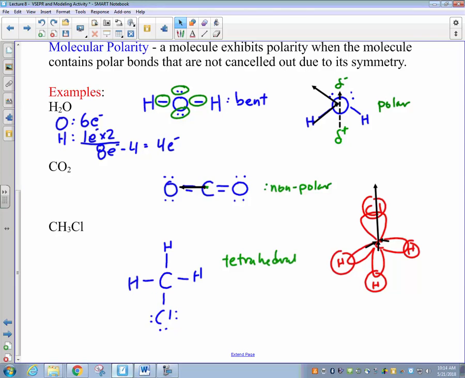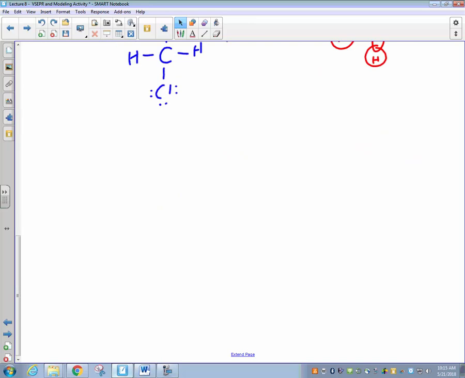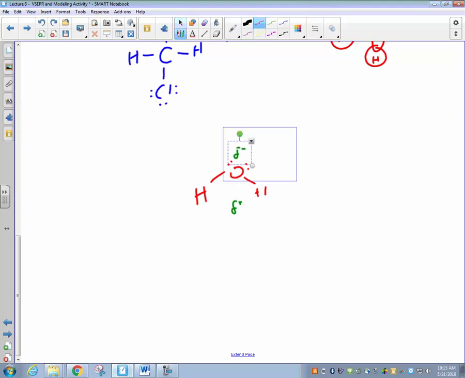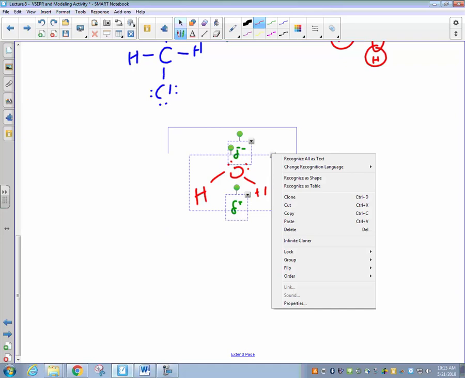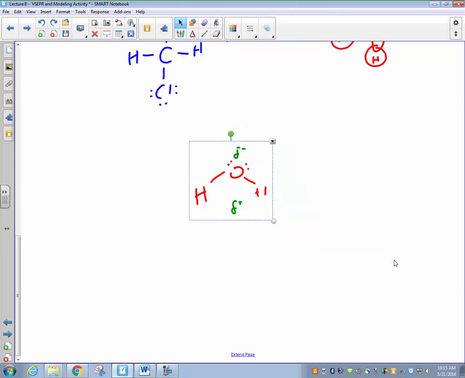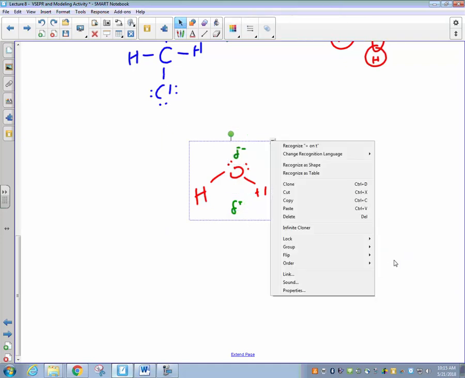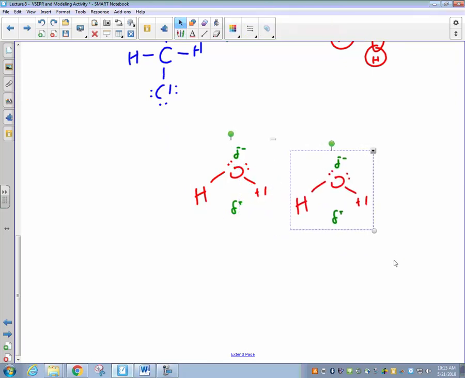Now, the ability to make predictions about polarity leads us to some interesting discussions about those molecular properties. Looking at water, a particularly polar molecule, because those water molecules are polar, that is to say they have a partially positive side and a partially negative side, those water molecules exhibit some interesting properties, where we've got the partial negative on the oxygen side and partial positive on the hydrogen side. So imagine now that I have not just one water molecule, but a total of 2 water molecules in my system here.